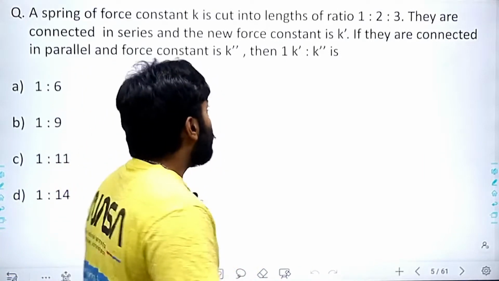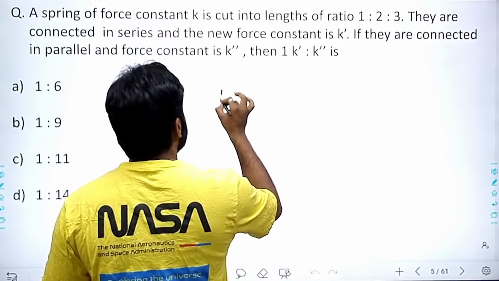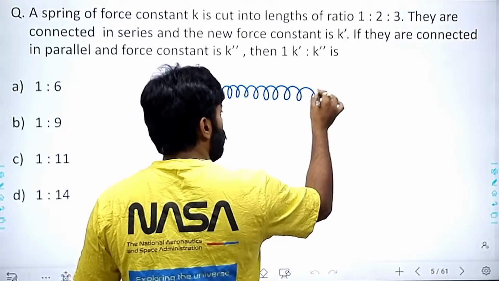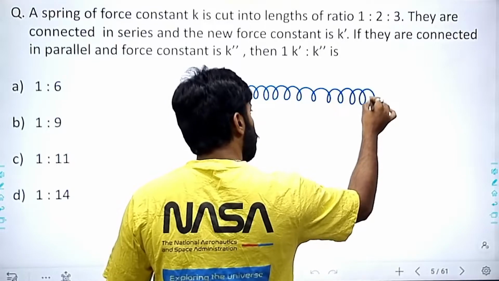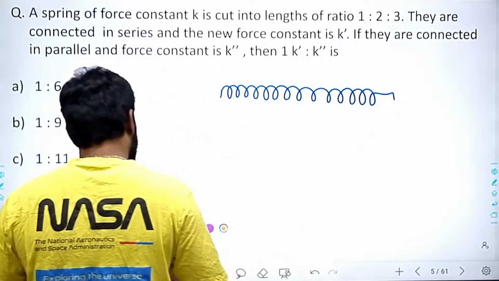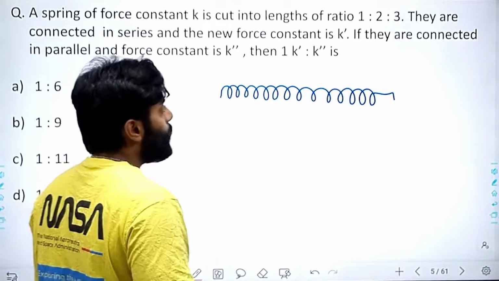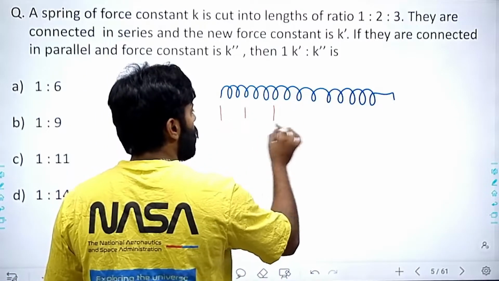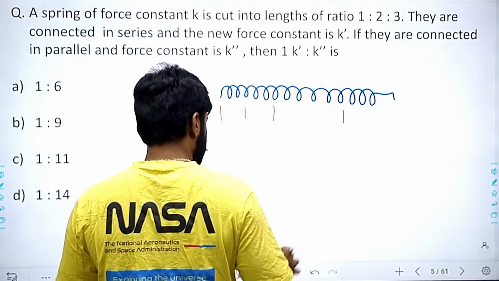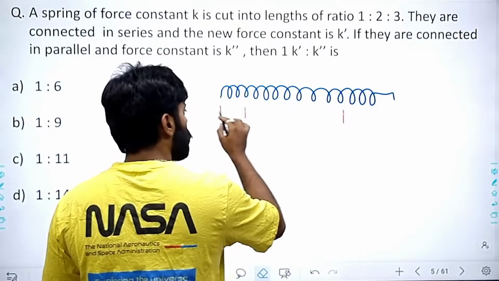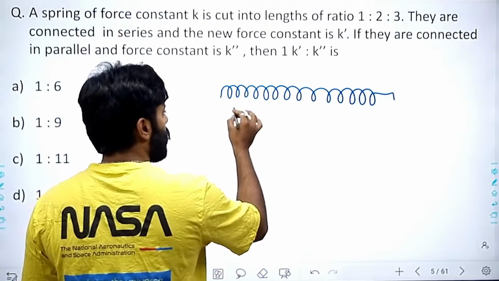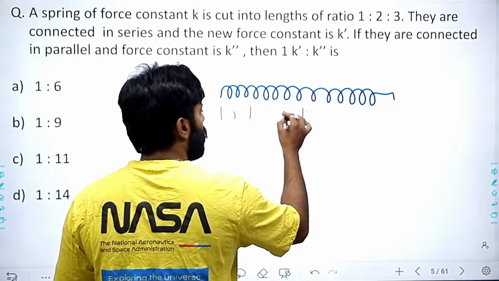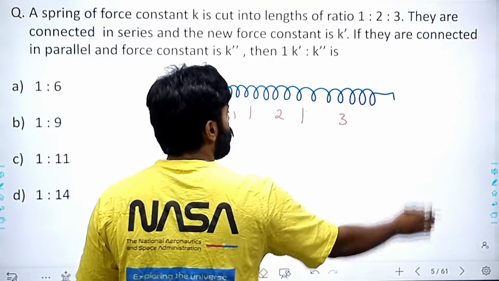So it's asking that you have a spring and you cut this spring into 1, 2, 3.